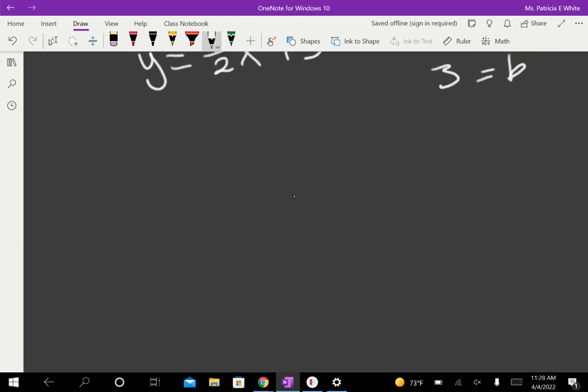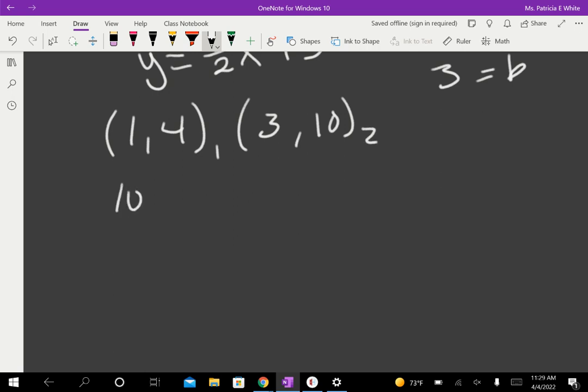Last one, number 4. 10 minus 4 over, if I do 10 minus 4, then I have to do the same order. So I get 6 over 2. What's my m? What point should I use, Amari? Pick one.